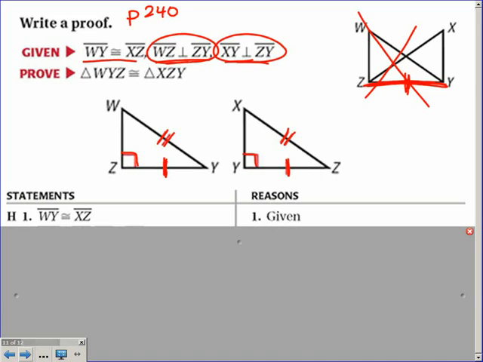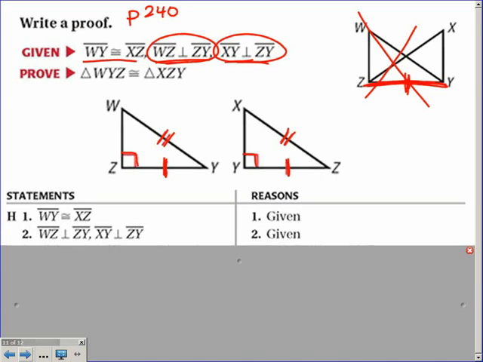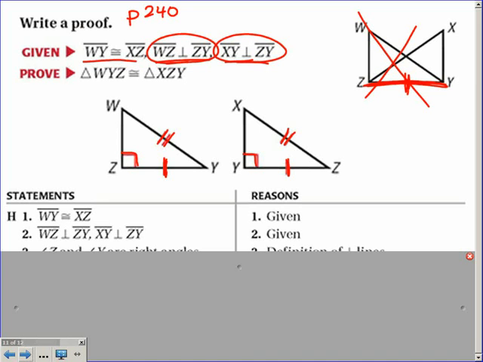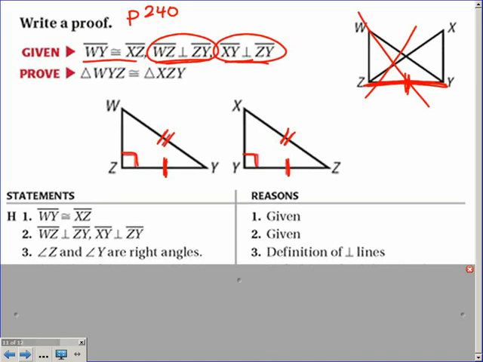So the given information gives us a hypotenuse. We know these things are perpendicular to each other. Next, by the definition of perpendicular lines, we can say these two are right angles. I don't like the way they phrase this, angle Z and angle Y, because why don't you mark this one being a right angle?